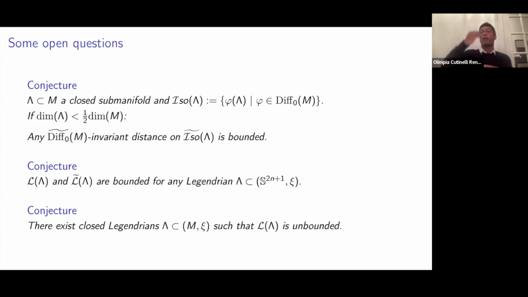But if we forget about the whole isotopy and just think about the one Legendrian, then I think there is no answer to this question about unboundedness for the Legendrian isotopy class itself. So I think these were the three questions I wanted to talk about. Thank you very much for your attention.